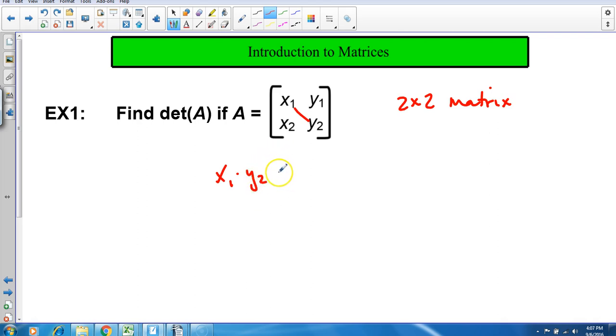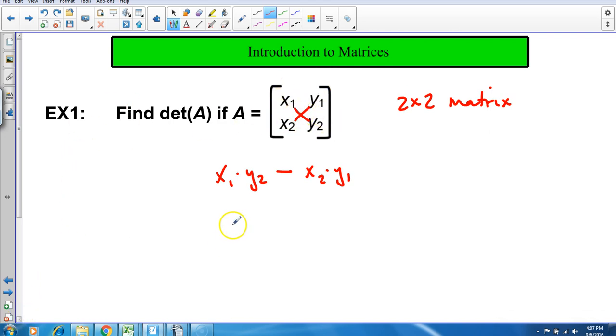The next thing that we do is we subtract the other cross product. That's how we can find the determinant of a 2 by 2 matrix.